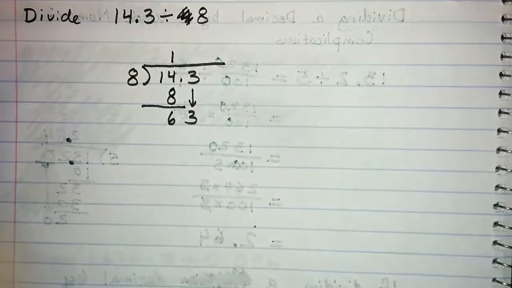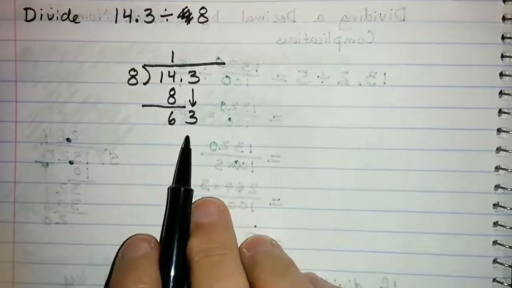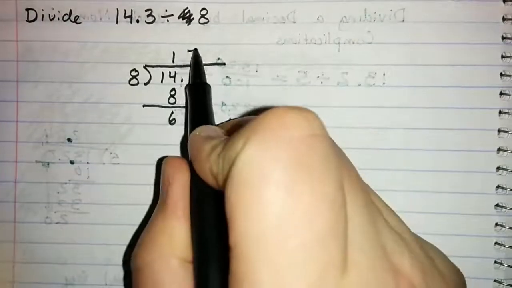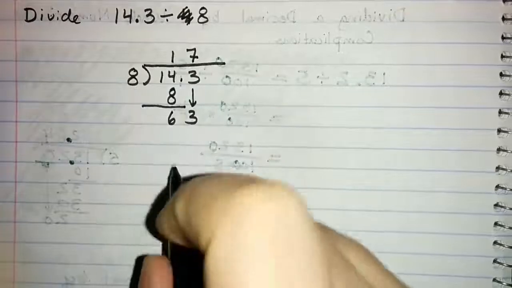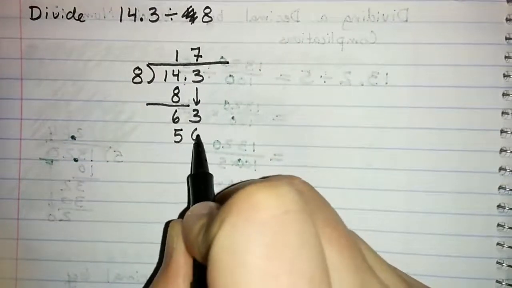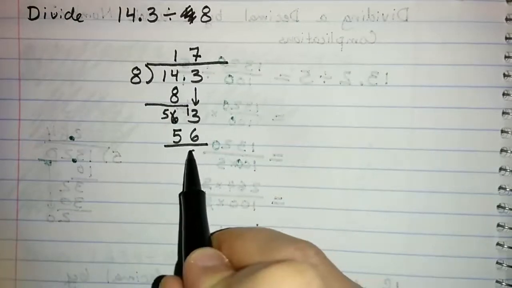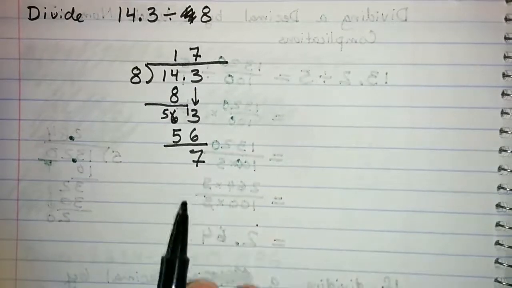Bring down the 3. 8 goes into 63. Not 8 times. 8 times 8 is 64. Only 7 times. 7 times 8 is 56. Borrow to do the subtraction. 13 minus 6 is 7.